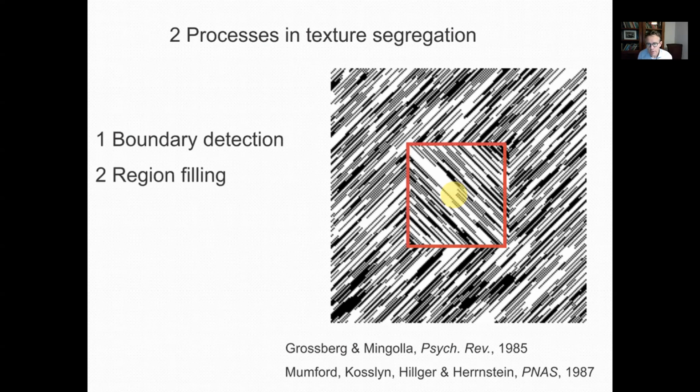And then there's a second process that has been proposed. It's called a region filling or region growing process. If you select image elements with a certain orientation here, say the left orientation, then you might want to co-select adjacent image elements with the same orientation because they're likely to belong to the same perceptual object.